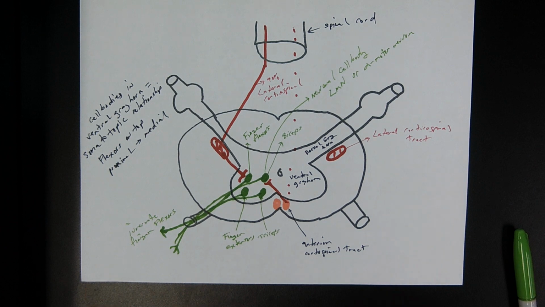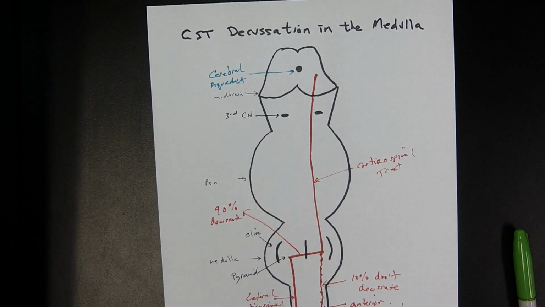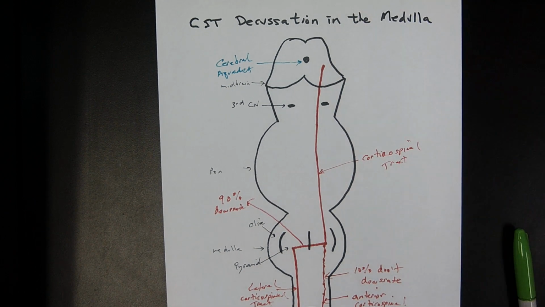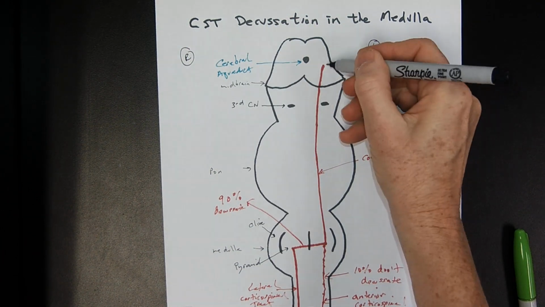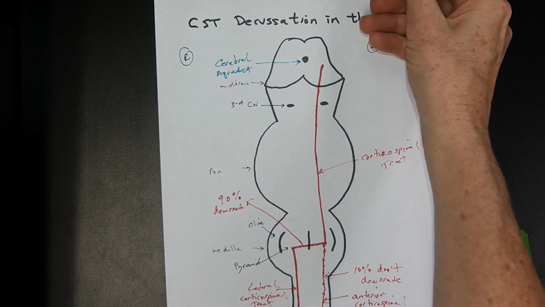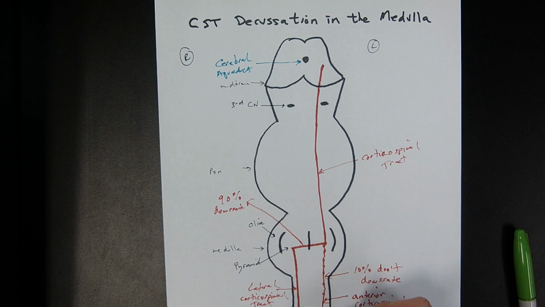Yeah. So I don't know if I understand your question, but let's go back and just make sure that I understand your question. So when we started at the level of the brain, okay, it was on this side. So this would be the left side, and this would be the right side. So coming down the left side at the area of the left M1, coming down 90% decussate, but this stays on the left side.